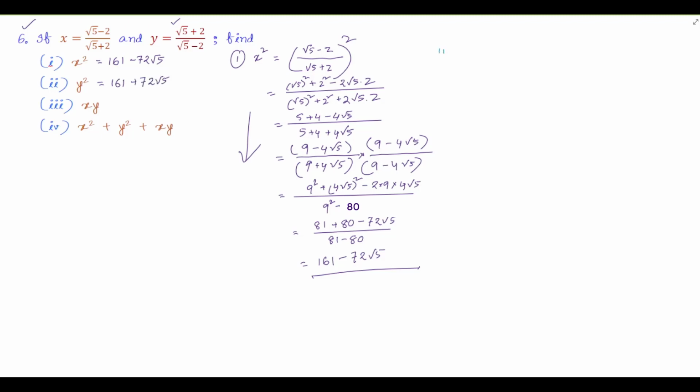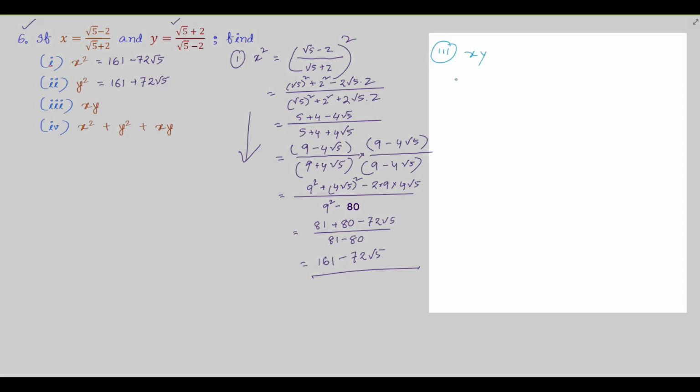So now we'll do number 3, that is xy. x is equal to (root 5 minus 2) divided by (root 5 plus 2), y is (root 5 plus 2) divided by (root 5 minus 2). Now if you multiply this, then you can see this is a minus b multiplied by a plus b, so it will be a square minus b square.